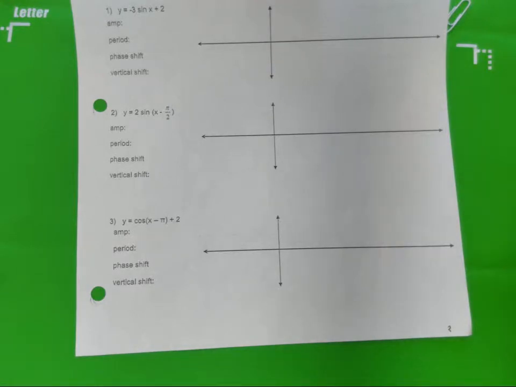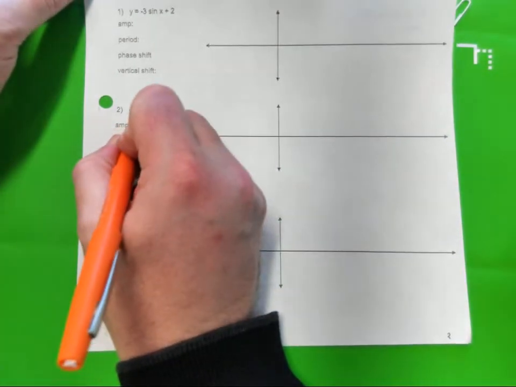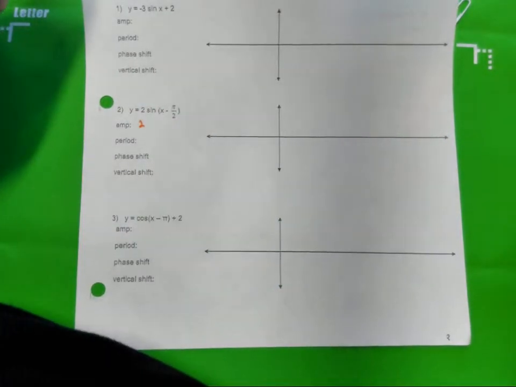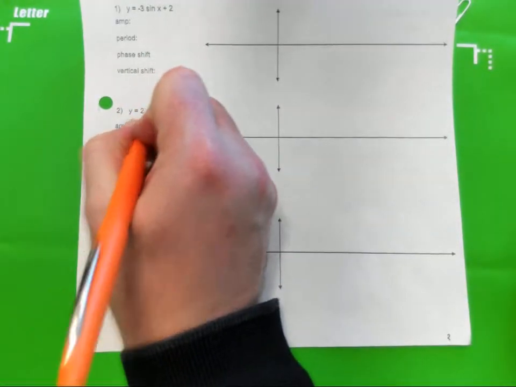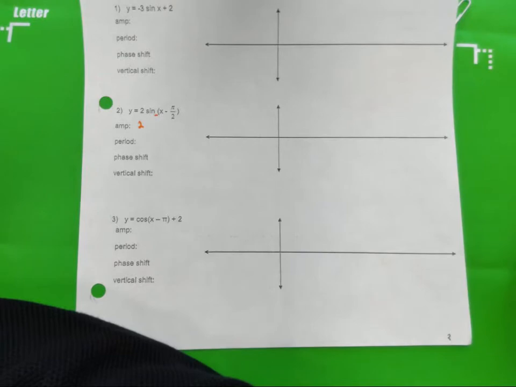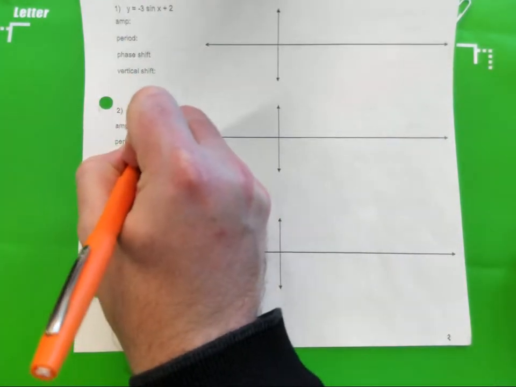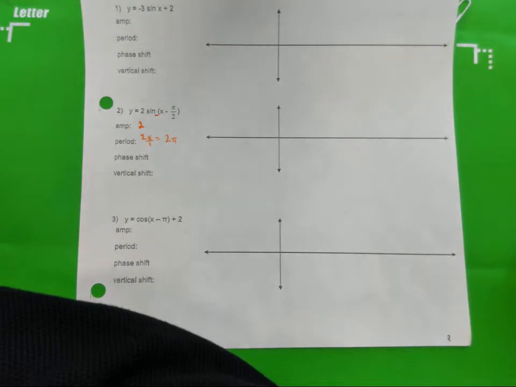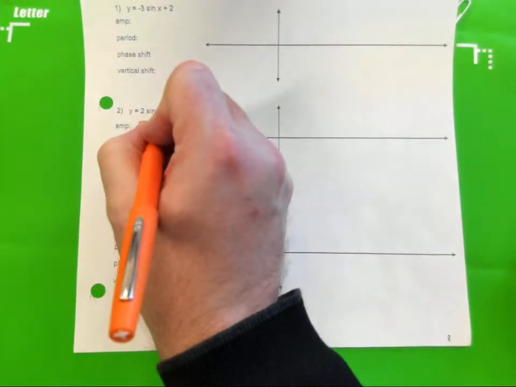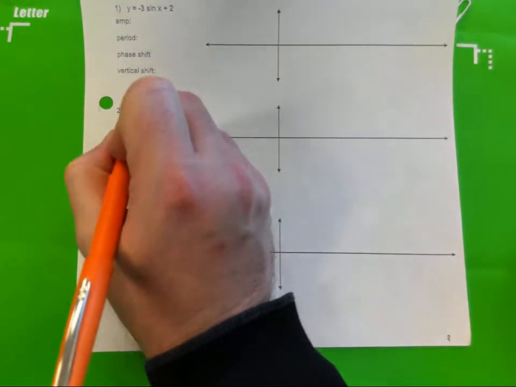Number 2. What is your amp there, guys? 2. Now you say when that becomes parentheses, guys, where does your B value fall? It falls outside that parentheses right there. What's understood right there? 1. So 2 pi divided by 1 is 2 pi. Because, guys, you want the value with that x, inside that parentheses, to be 1, okay?